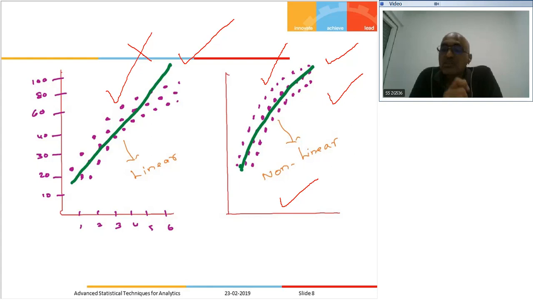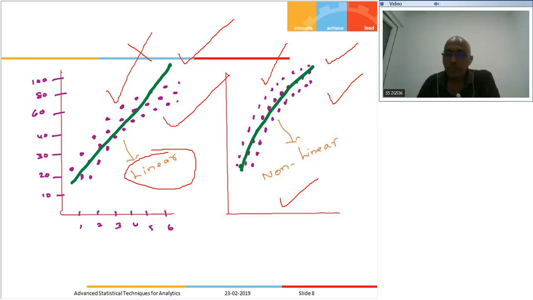If the application or the data you are working with is okay with a linear relation, then it is also good. But if your application or data is more specific, more important, then you have to go further with a non-linear relation. That is why there is no thumb rule that says this is the best.